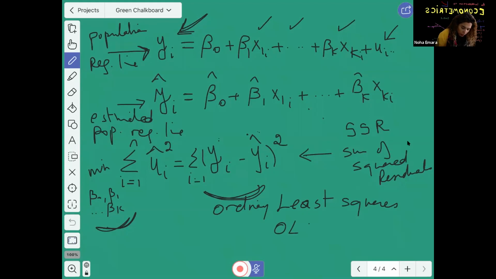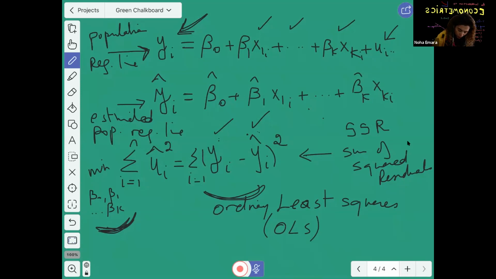We are trying to find the set of parameters that minimize the distance between the actual observation and the estimated observation. This requires us to take the first derivative of the function with respect to each and every coefficient that we have. So let's start with the simple model.